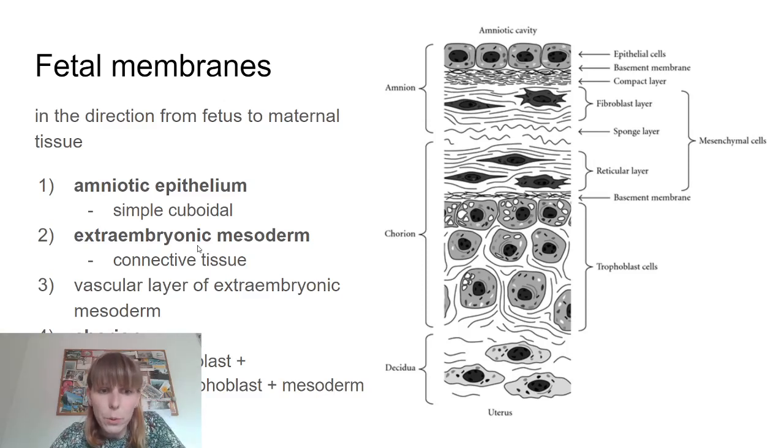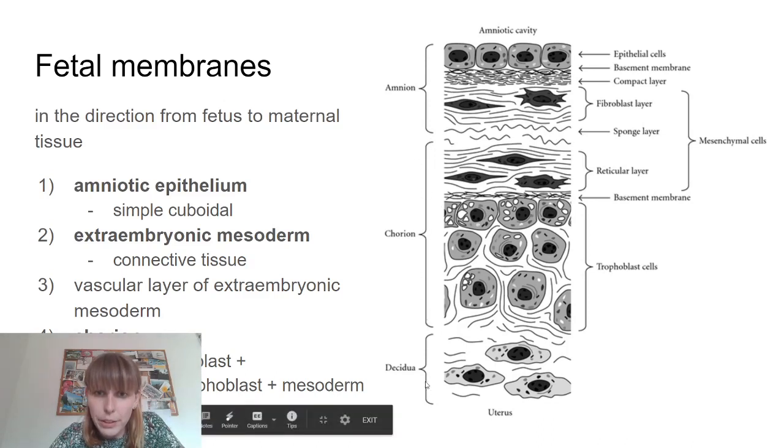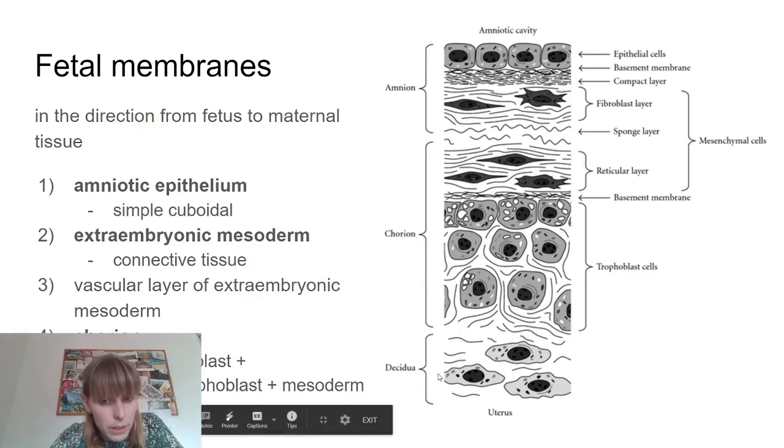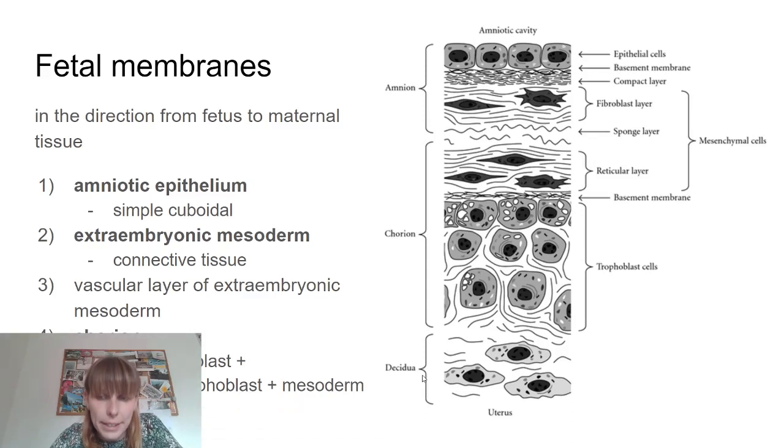And so chorion will be this area, and then we will have decidua, so the maternal part. So amnion and chorion, these two layers, are part of the fetal tissues. So fetal part and maternal part, decidua. In this case, it's not decidua basalis, but fused decidua capsularis and parietalis.